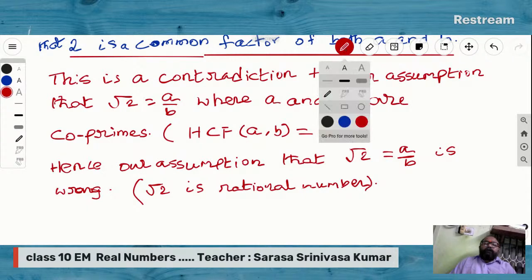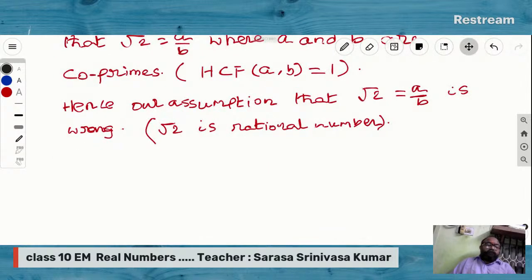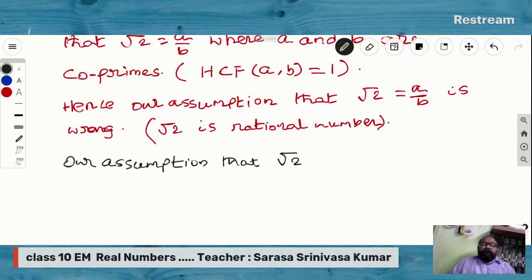So now we conclude that our assumption that square root of 2 is rational is wrong.